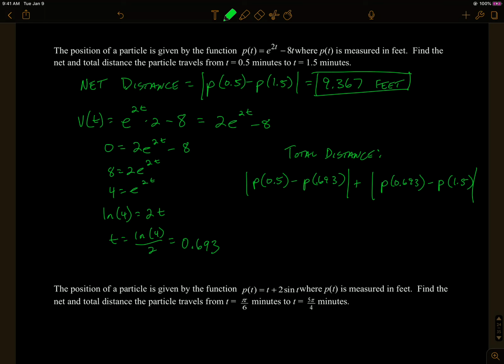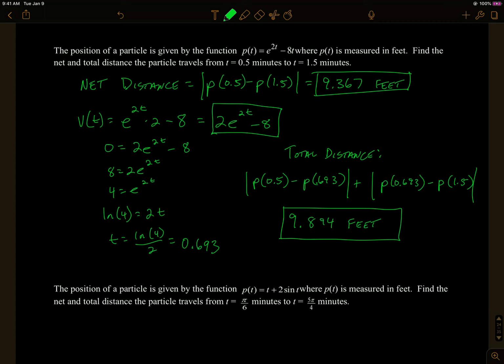So then when I calculate that number out, you should get 9.894 feet. That's the total distance. So what we want to say here is if it's a calculator active question, once you get to this, you're going to graph that derivative, and you're going to look for a spot where that velocity changes from positive to negative or negative to positive, where it crosses the x-axis.